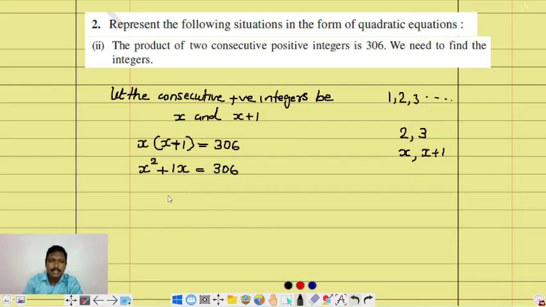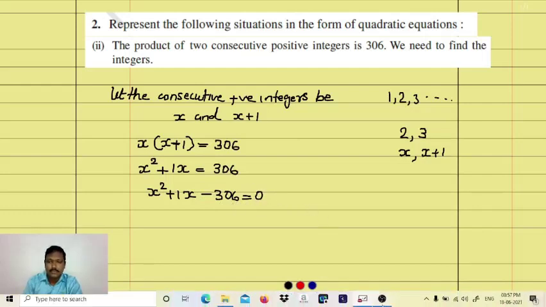Now change this in the standard form of a quadratic equation, that is x squared plus 1x minus 306 is equal to 0. So this is the quadratic form of this question number 2.